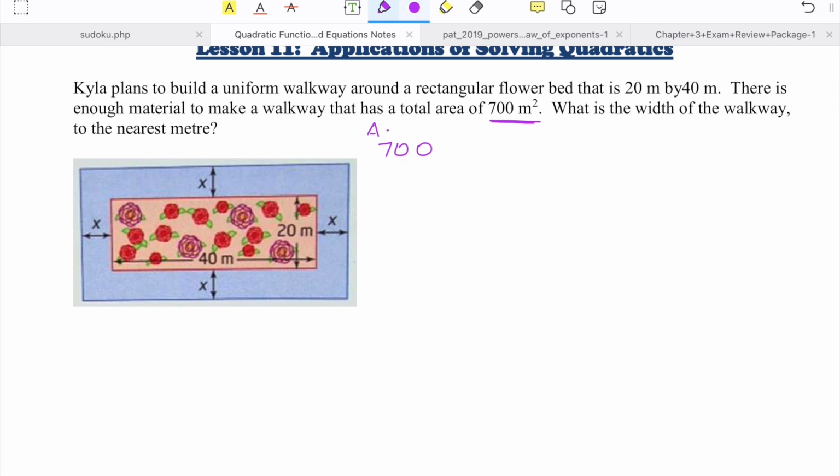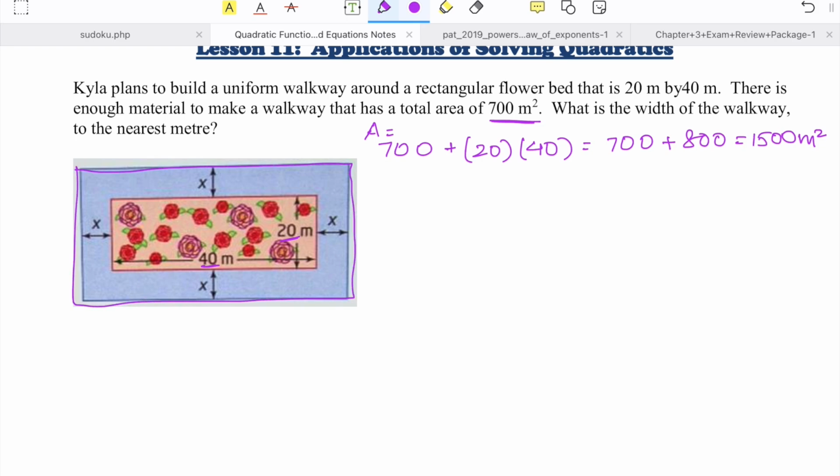So the total area would be the area of the walkway plus the flower bed. Now the flower bed is 20 times 40, which is 800, plus 700, which is 1500 meters squared. So we know for sure that the whole area over here is 1500.